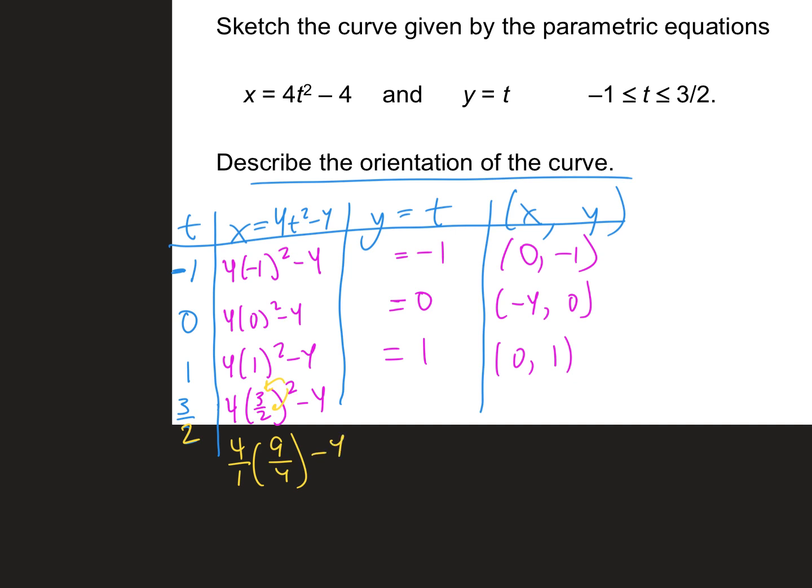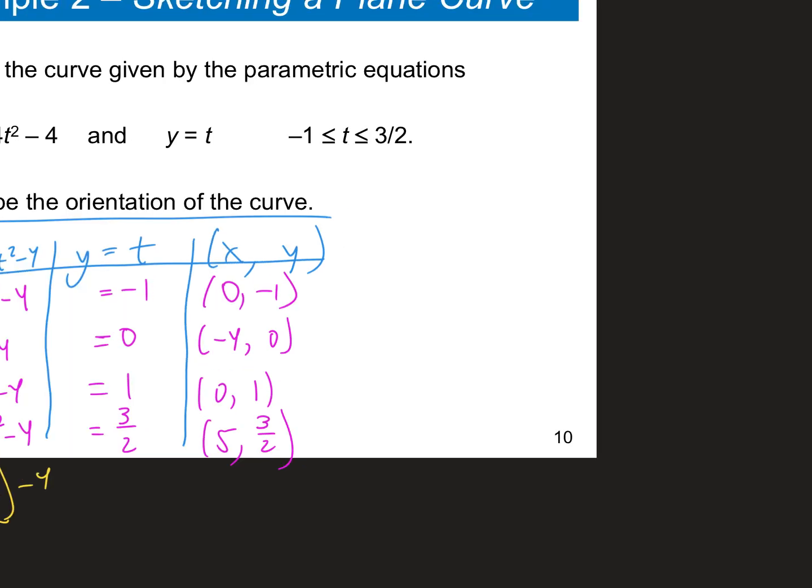Minus 4. What happens to the 4s? They cancel. So you end up with 9 minus 4, which is 5, comma. When you plug in 3/2 for t, you get out what? 3/2. Now you have discovered the first set of information that you need. You have found your x, y that you're going to plot. You found your points. So let's go ahead and make a little graph.